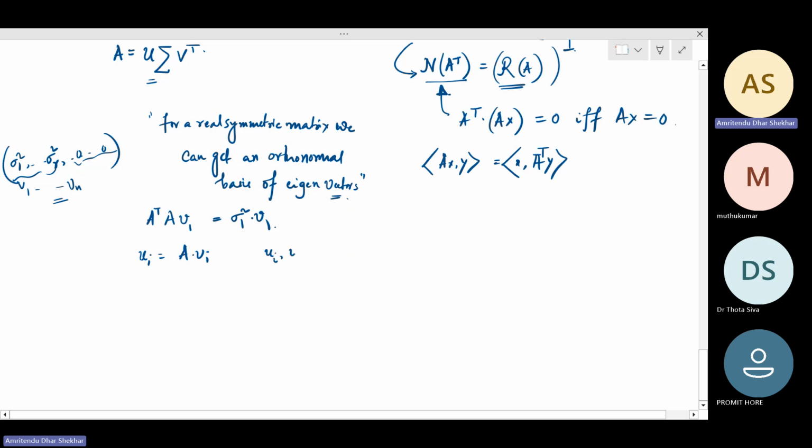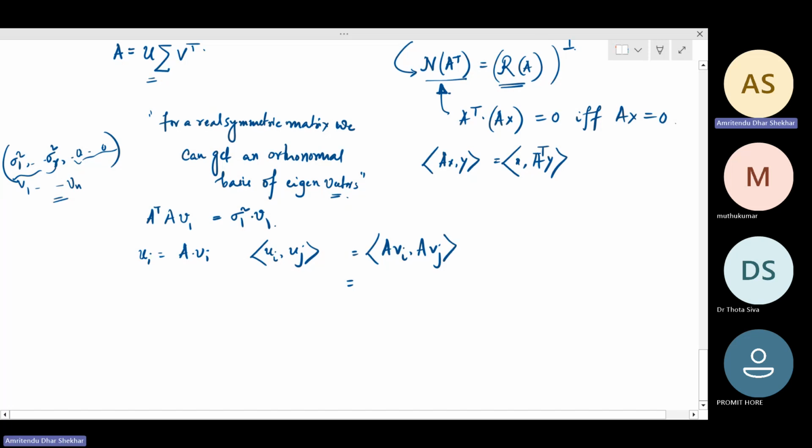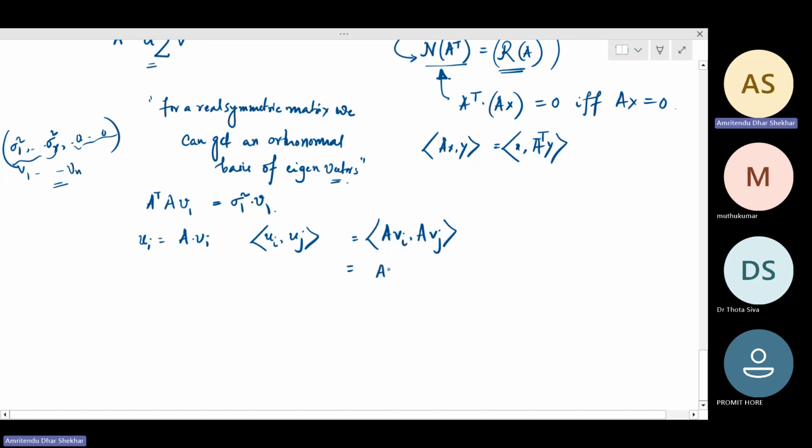So what is Ui times Uj? The inner product of Ui and Uj is equal to A Vi times A Vj, that is equal to A transpose A times Vi times Vj. And so this is equal to 0 if i is not equal to j.